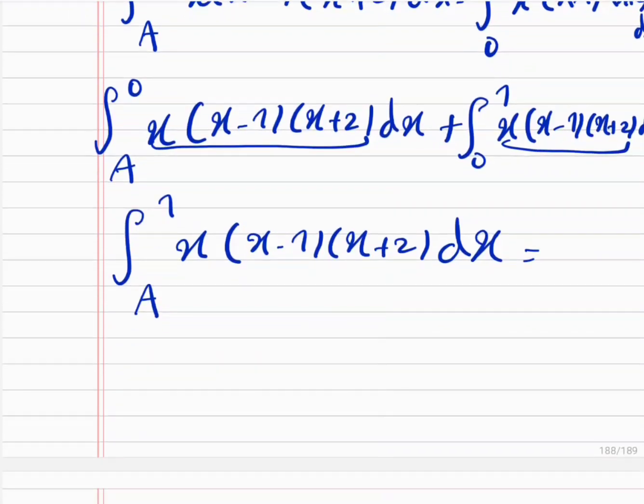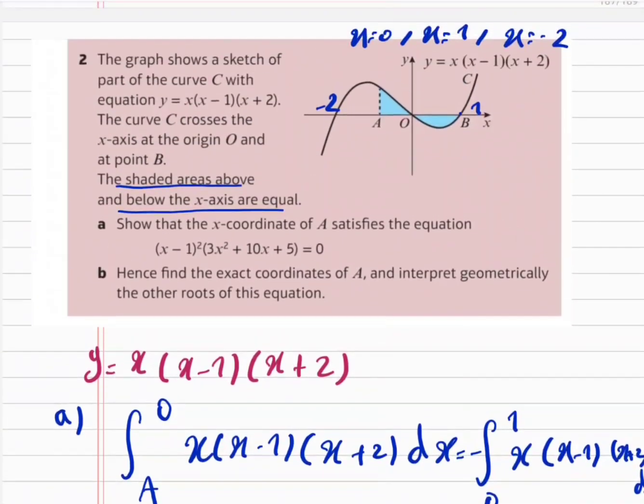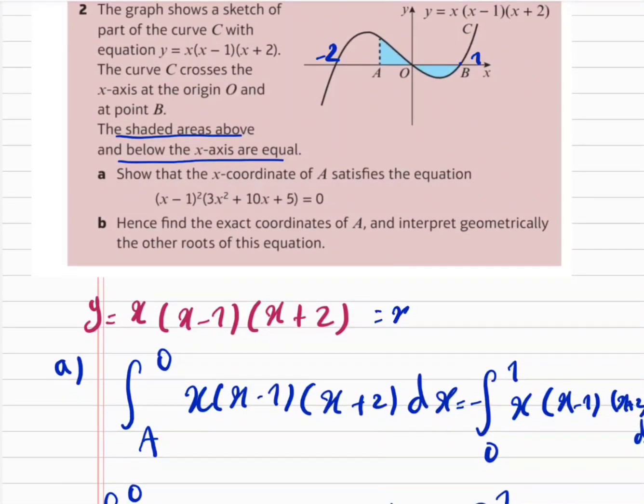We need to expand this bracket first and then integrate. Let's quickly expand that here: x times (x squared plus x minus 2), which is equal to x cubed plus x squared minus 2x.